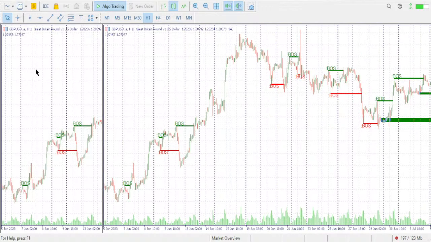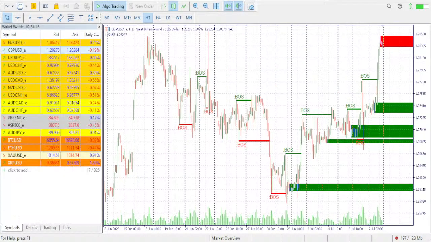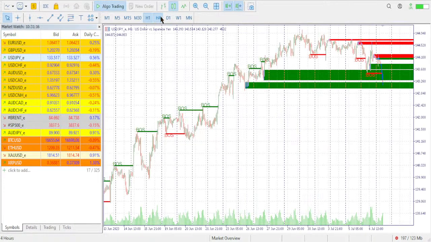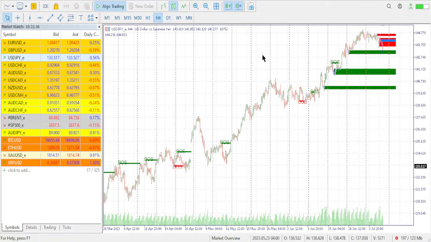My next chart is the US dollar Japanese yen. With this chart here, we are also upwards. We have seen the price continue to move in an upward manner. There are still no good signs for a sell.